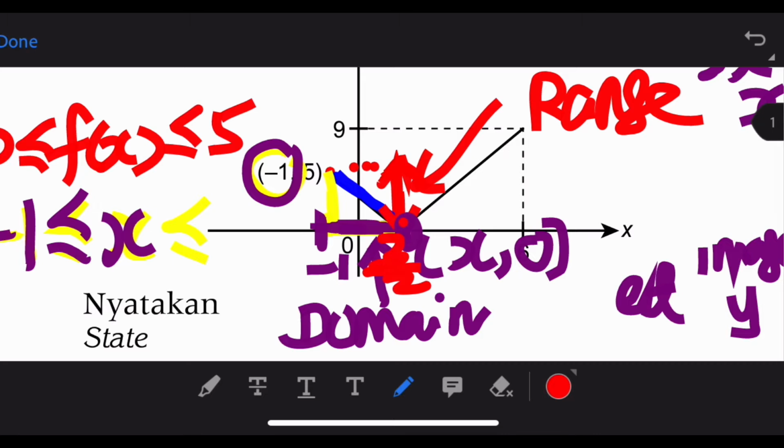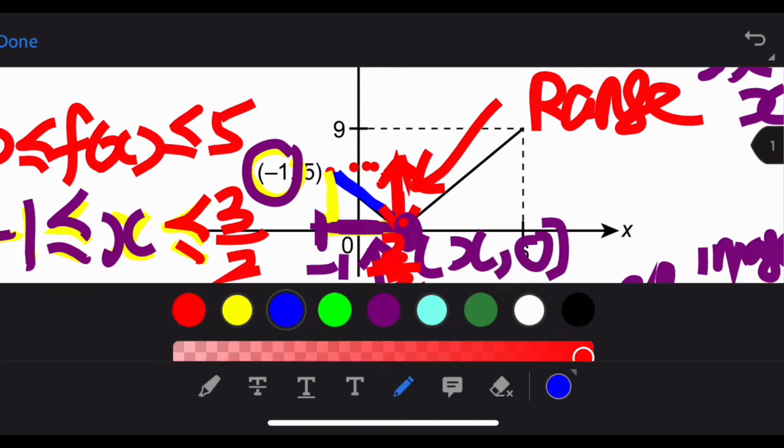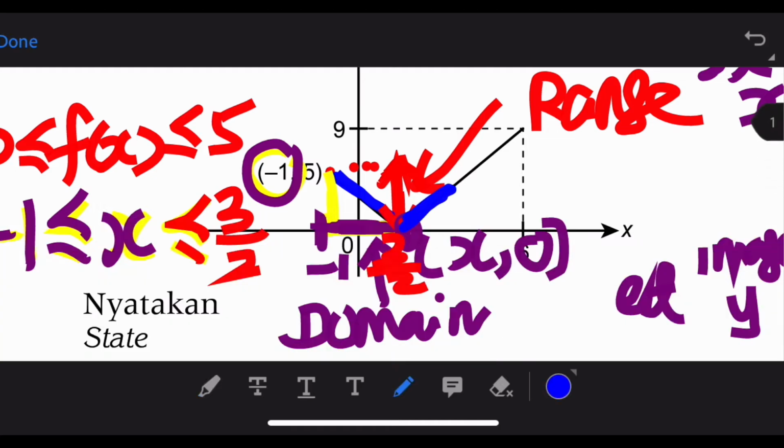Okay, so it follows 3 over 2. But if you extend the line further, it looks like it's not just happening at 3 over 2, because you need to make sure the 5 is here, right?